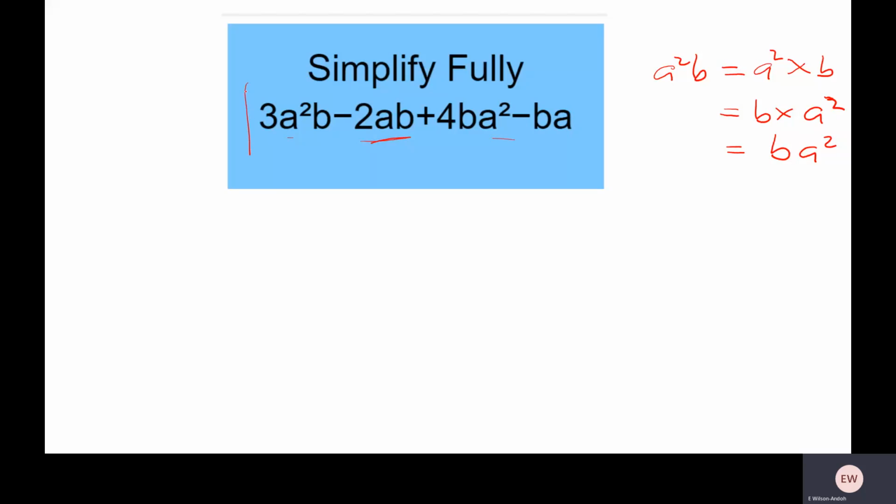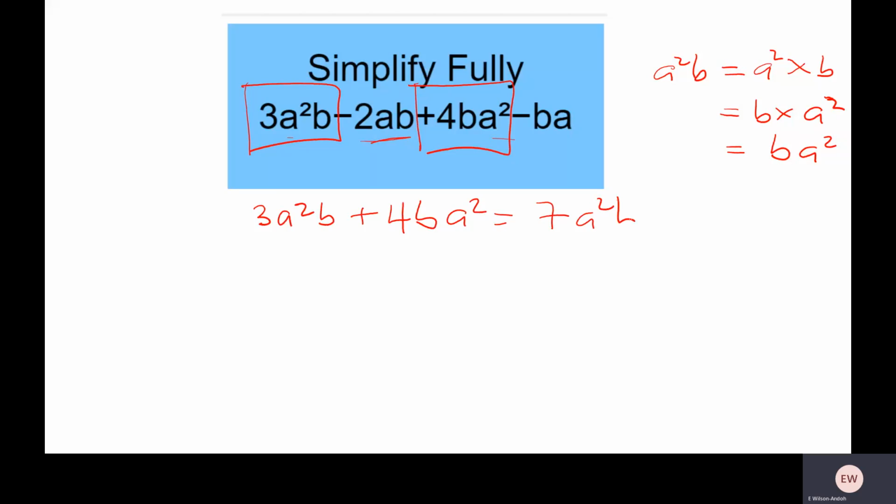So we have 3a squared b and 4ba squared to be like terms. So this will give us 3a squared b plus 4ba squared, which is 7a squared b. These two are like terms.